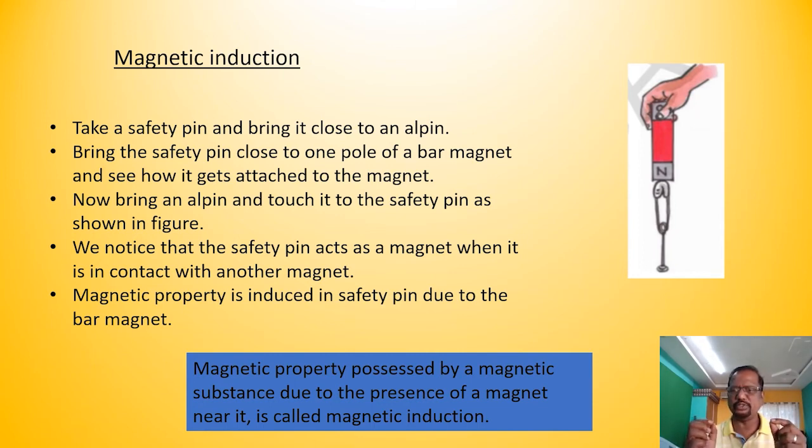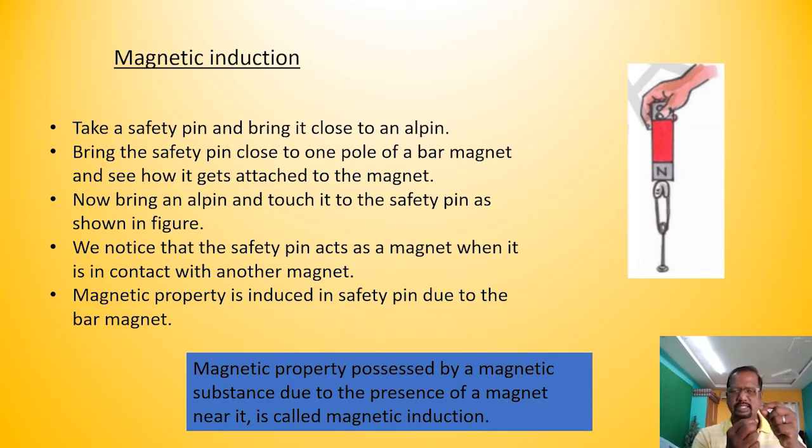Now first, what do you do? You bring the safety pin and the alpin closer. There is no attaching between them at all. Now take the safety pin and bring it near the bar magnet.